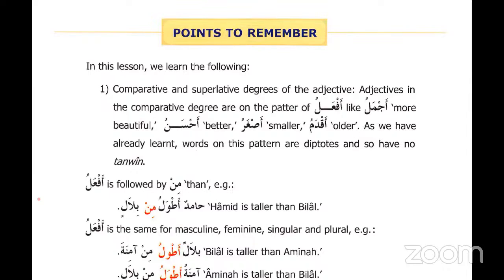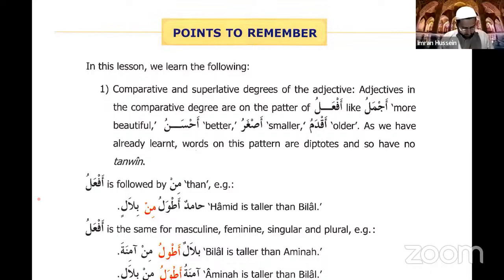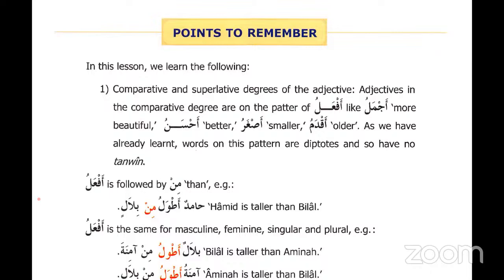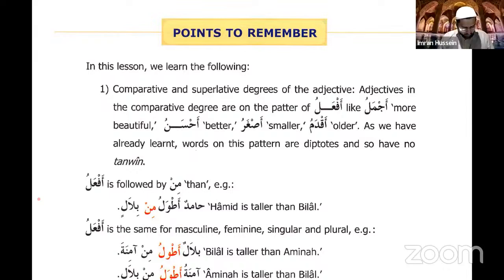And we have already learned that words on this pattern are diptotes, and so have no tanween. Af'alo, followed by min. For example, Hamidun atwalo min Bilalin. Hamid is taller than Bilal.